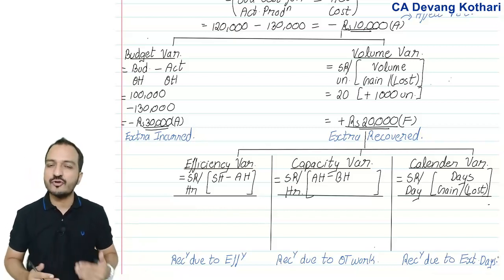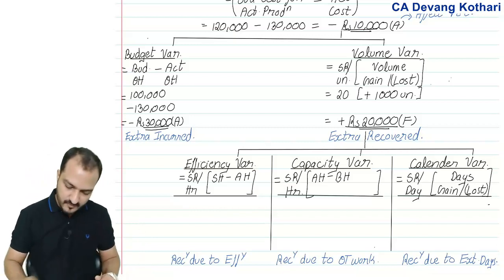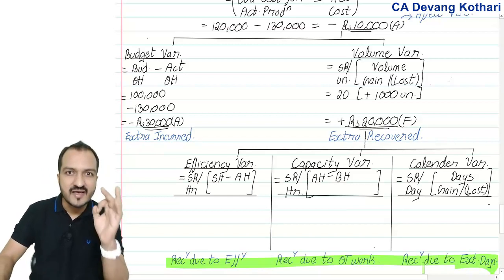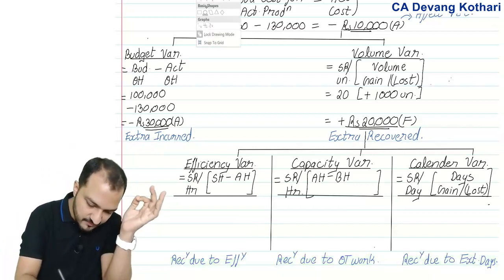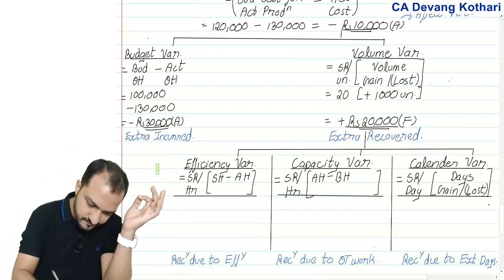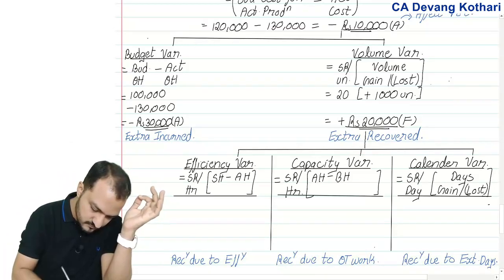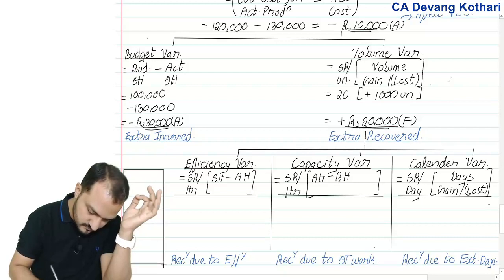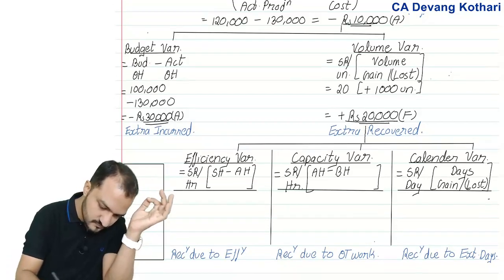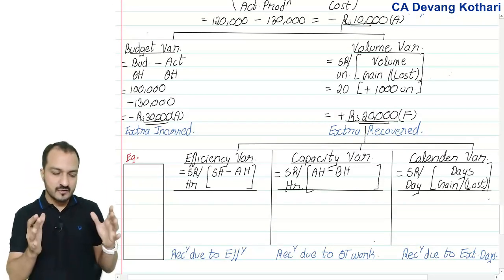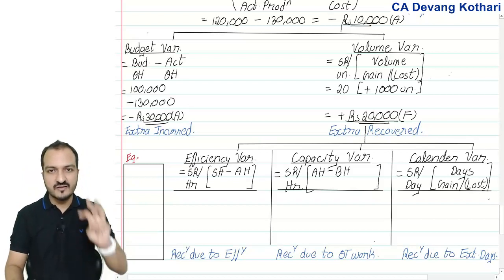So all of these are connected. In fact, let us understand this with one very simple example. Say normally I take a class for 3 hours.